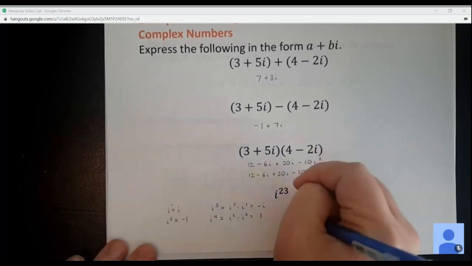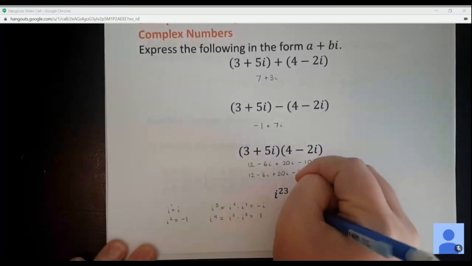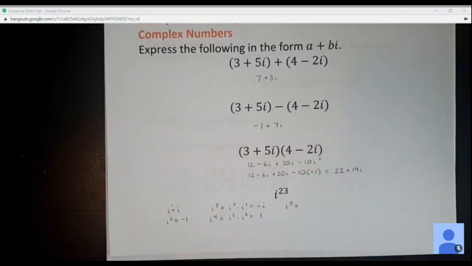Now, if I want to go to i to the fifth power, what do you think i to the fifth power is going to be equal to? Good, right? 1i.